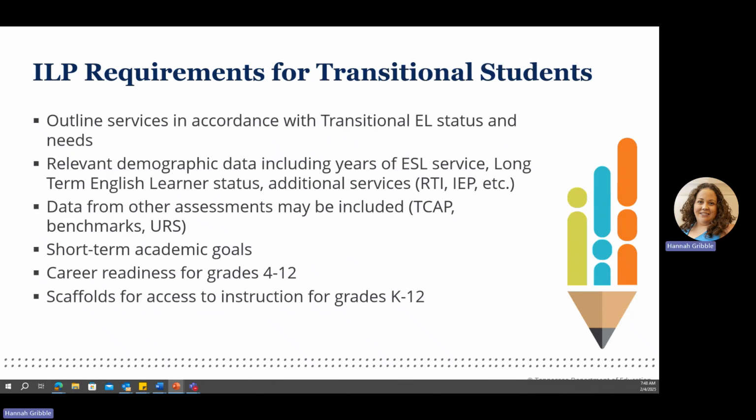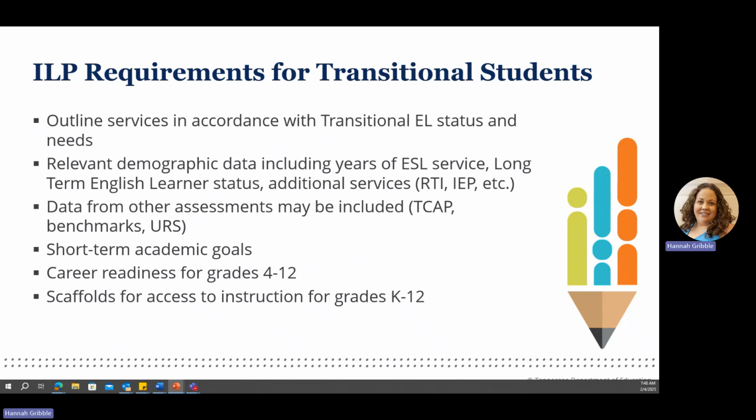Transitional student ILPs outline services in accordance with a transitional EL status and needs. These include relevant demographic data, including years of ESL service, additional services, and data from other assessments may be included.